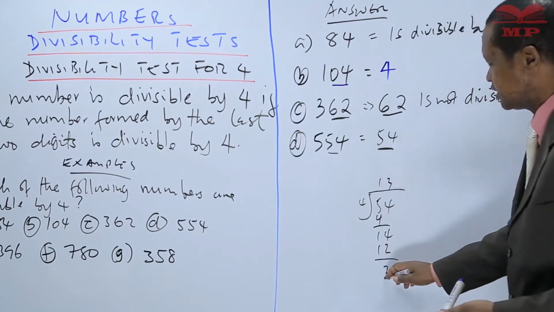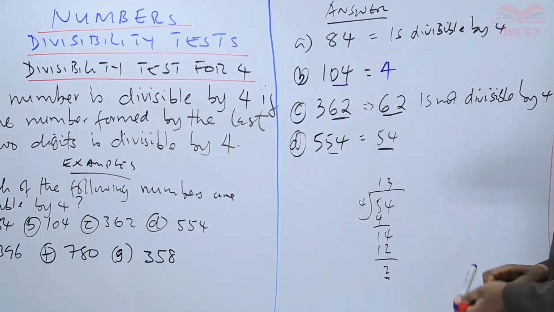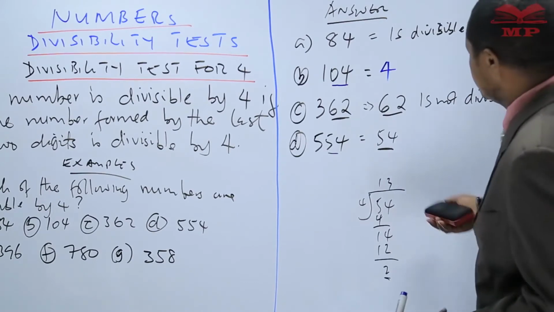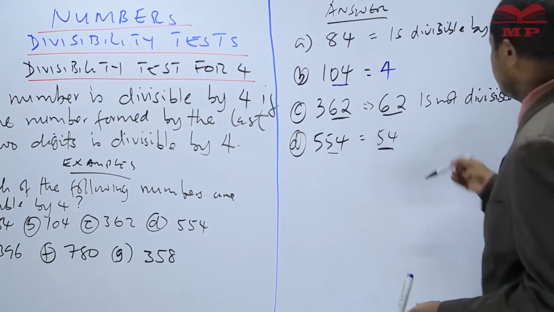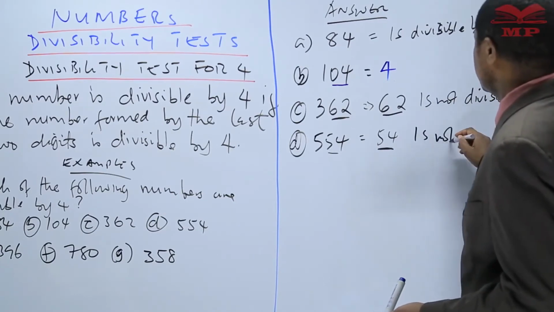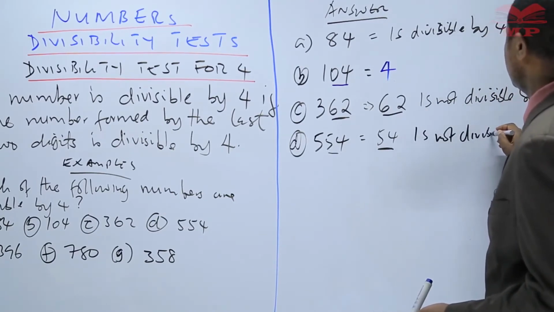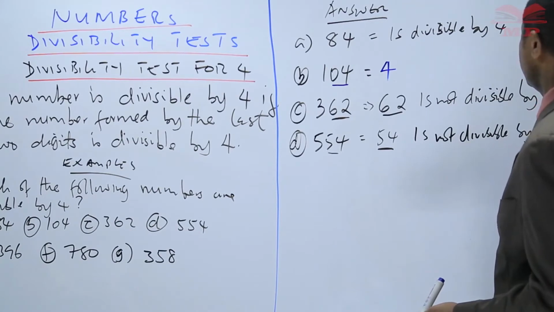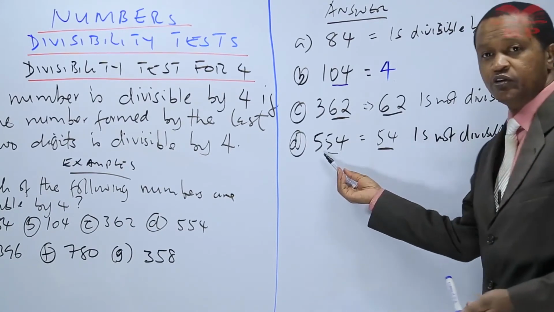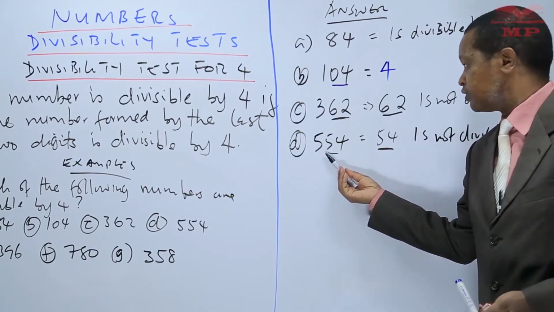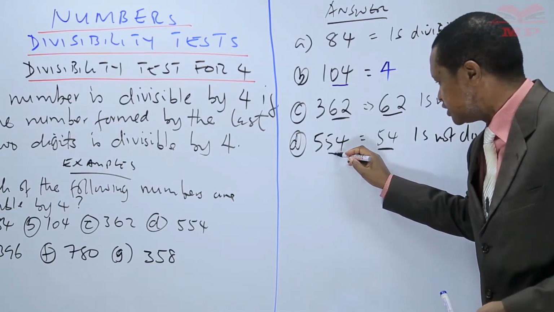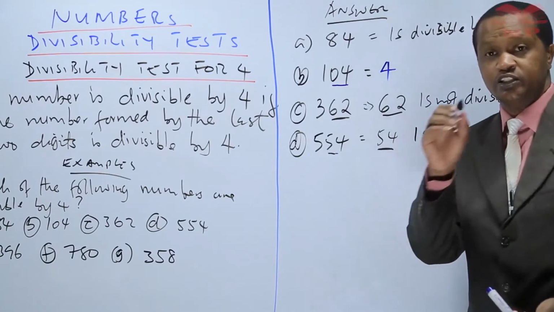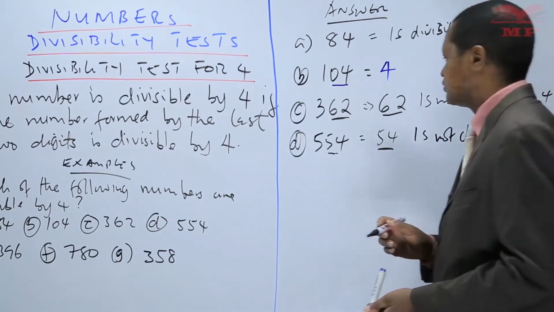There is a remainder here. So 554 is not divisible by 4 because the number formed by the last 2 digits, which is 54, is not divisible by 4.